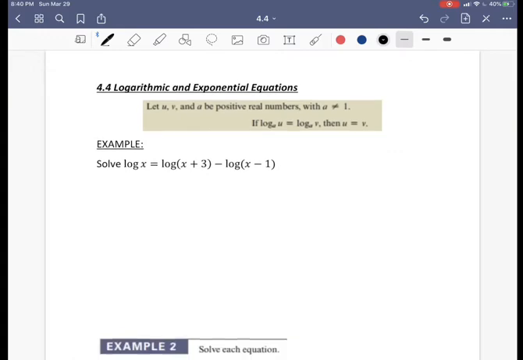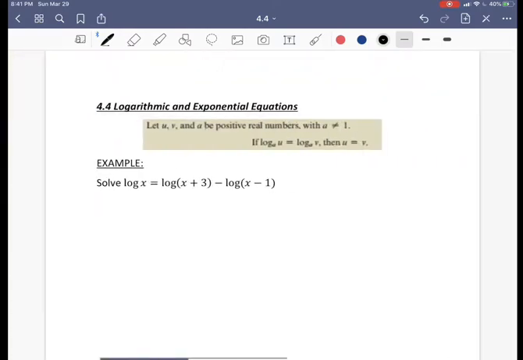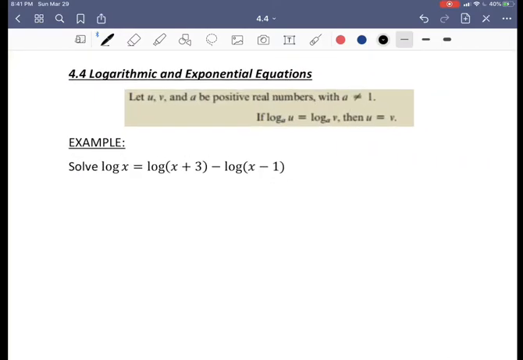Okay, so this one we have: solve log x is equal to log x plus 3 minus log x minus 1. Remember, these are subtracting, so let's rewrite this into a division because we're going to be using the second property. So this becomes log x is equal to log of x plus 3 over x minus 1.